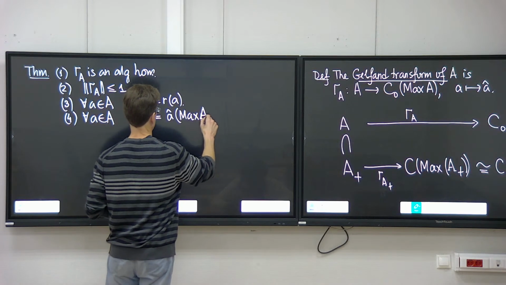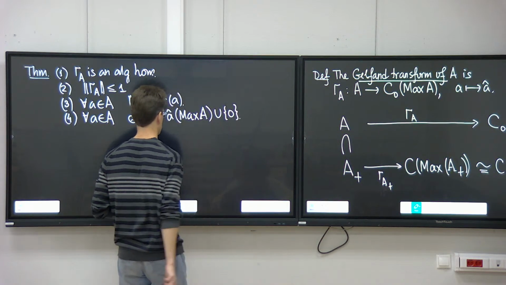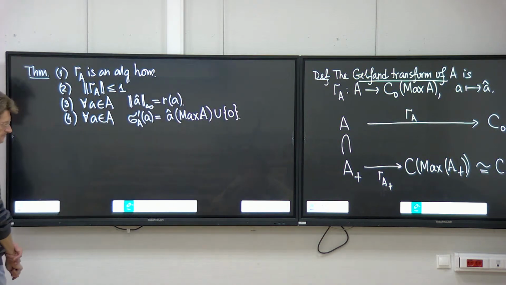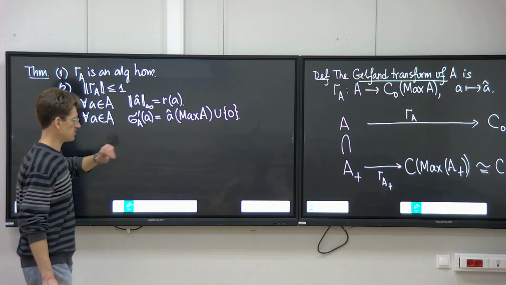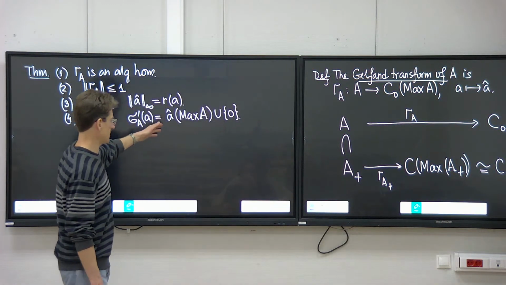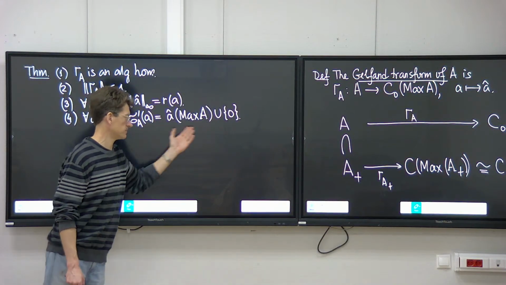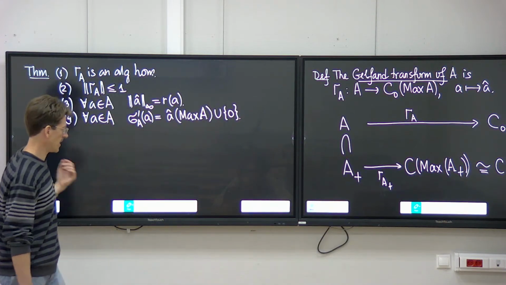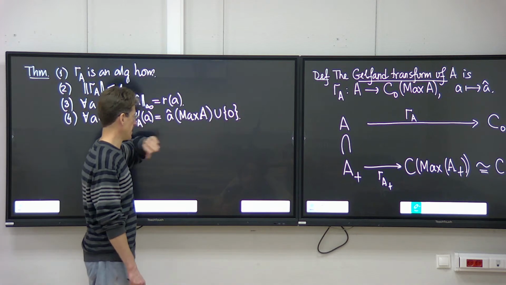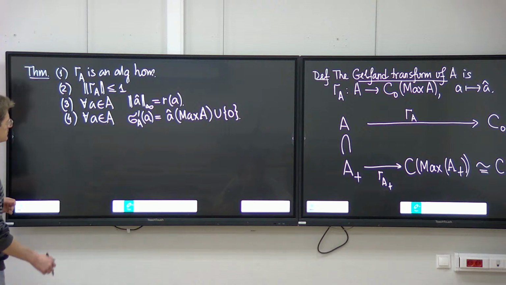More exactly, we have to take the union of the set and 0. And again, this is true because this is true for A plus. This is equal to the spectrum of little a in A plus. And if we extend a hat trivially to max plus of A, we get this set. So we add 0, which is a hat evaluated at infinity, and we get this equality.